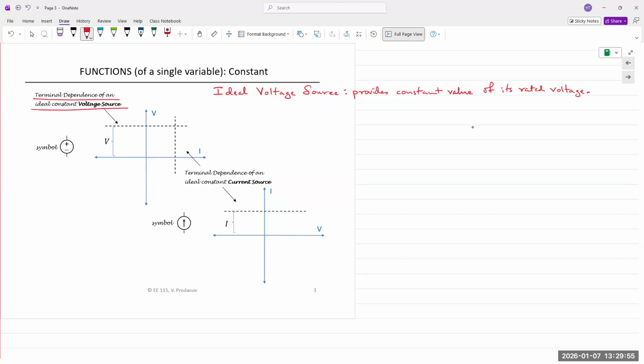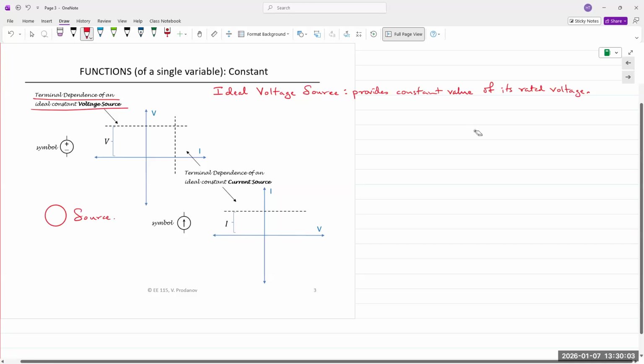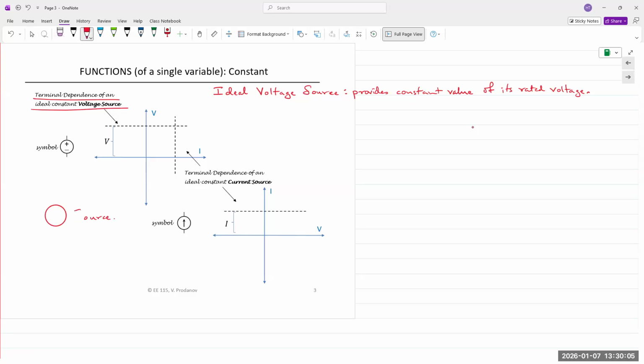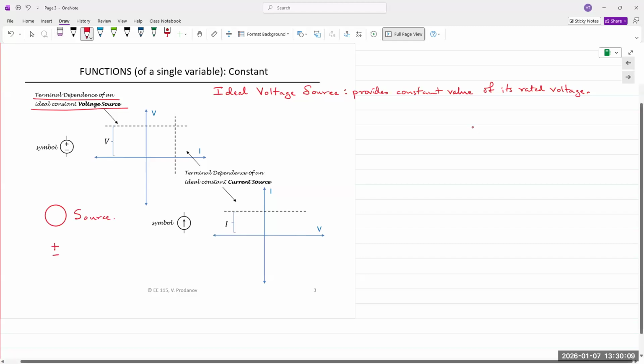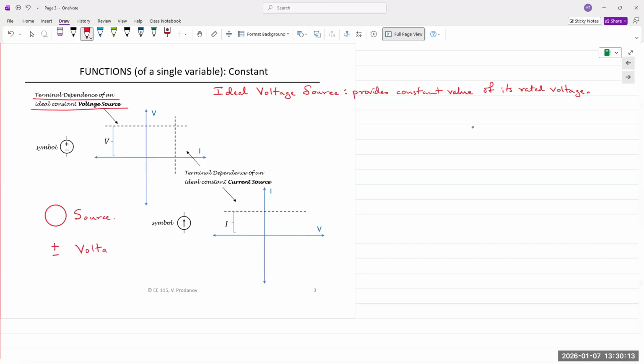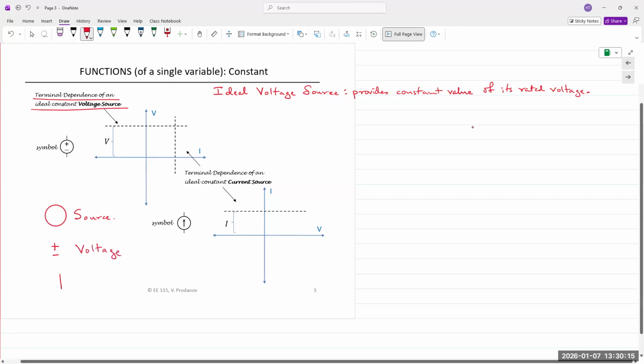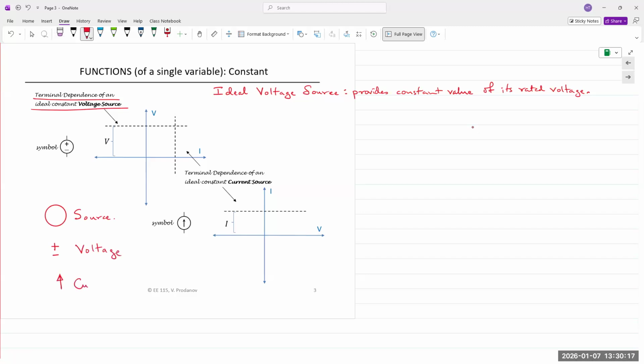Symbol for sources is basically a circle. It's a circle like this. It is a source, and the source is providing energy or supplying energy. Plus and minus symbols indicate it's a voltage, and arrow indicates it's a current.